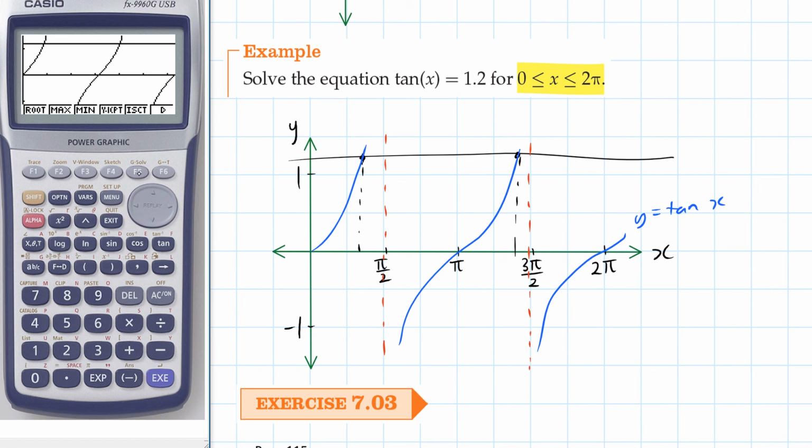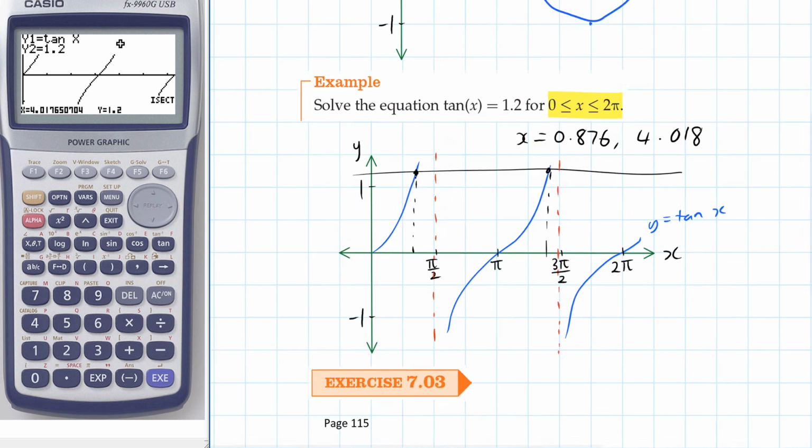Okay, so our first point of intersection there is 0.876. So we'll put that one down: x equals 0.876, and our next one is 4.018. Okay, and those are our two possible solutions.